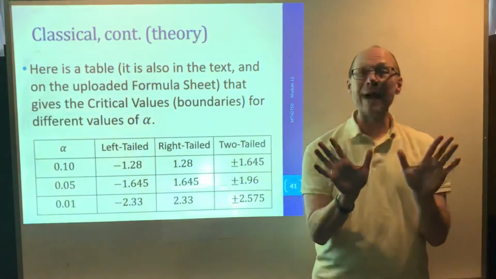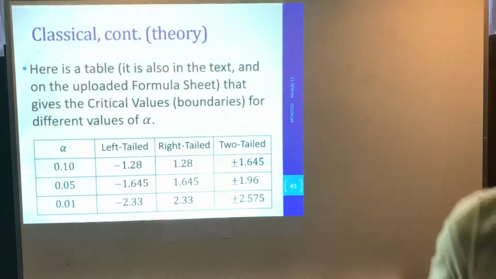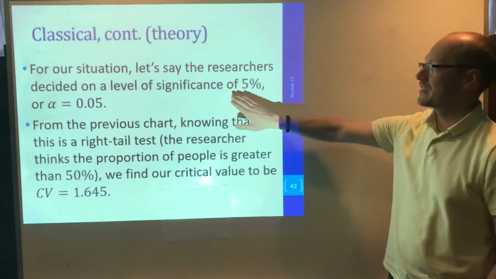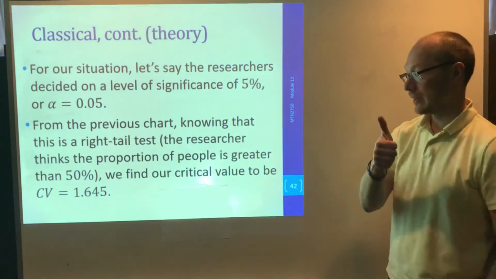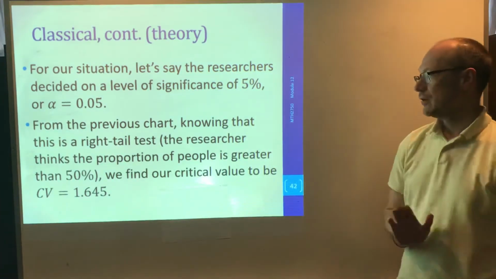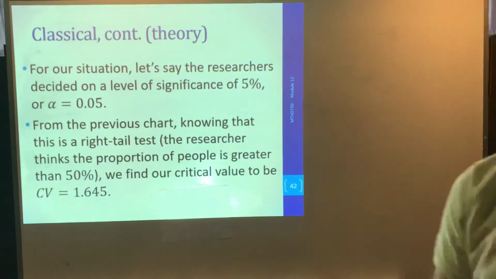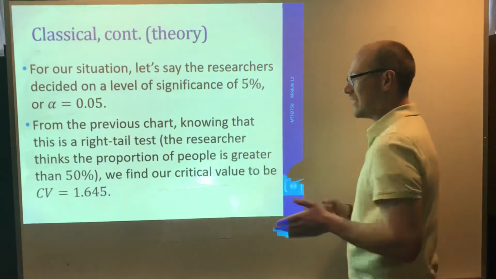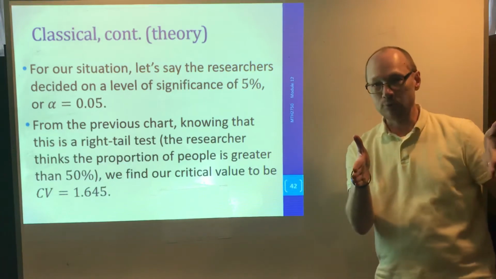Again, nothing practical yet, just hang out with the theory. For our situation, let's say the researchers decide on a 5%, right? Which is why we found our critical value to be 1.645. Okay, and I know that it's a right tail because the researcher thinks the proportion is greater than the null of 0.5.